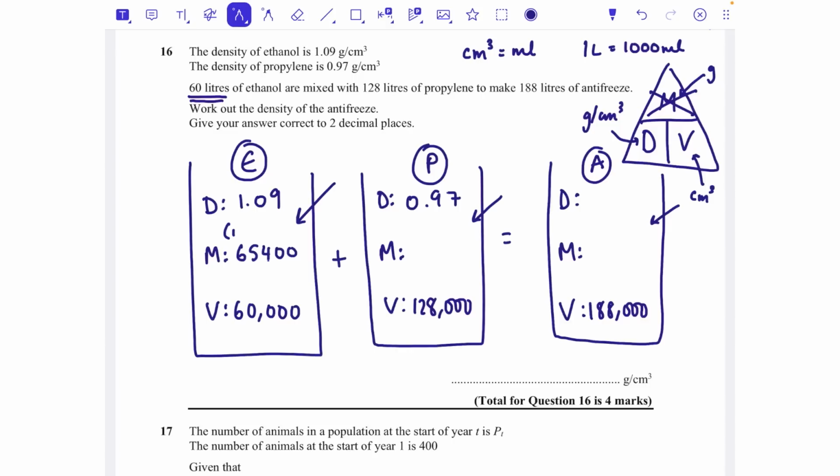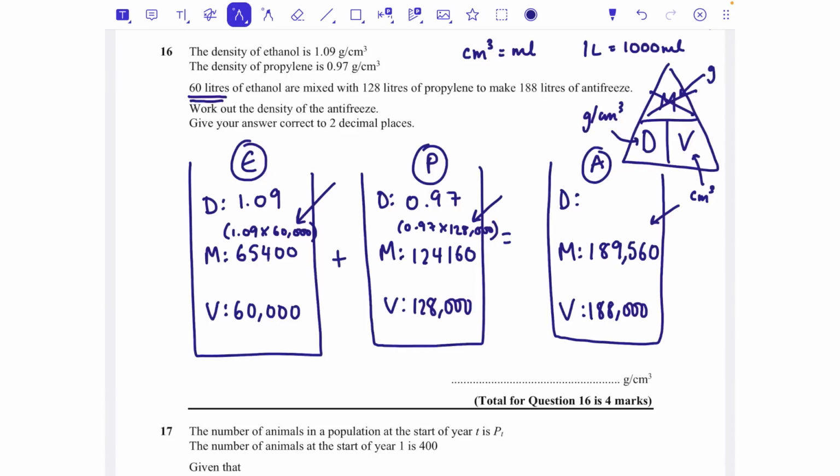And then for the next one, we're doing 0.97 times 128,000, and that is 124,160 grams. And then we can add those together. 124,160 add 65,400 is 189,560 grams. And that's the mass of the antifreeze.